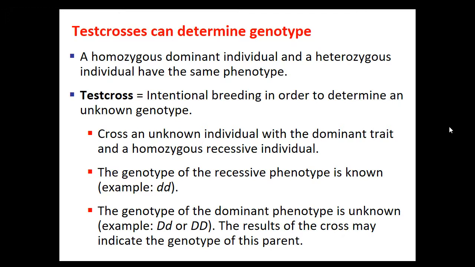We know that this person's genotype is big B, little b, not big B, big B. If they had a kid that's brown eyes, then we still don't know for sure if that's big B or little b. Could be either one.